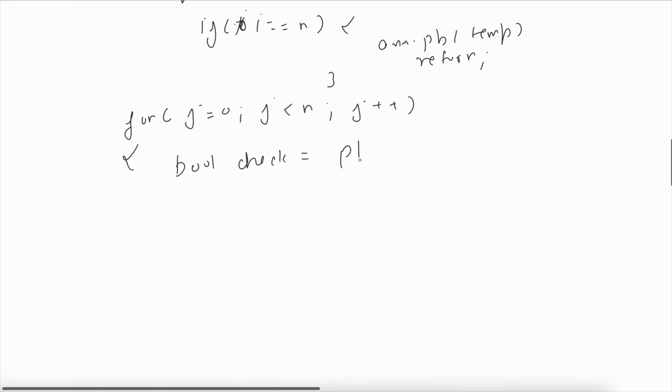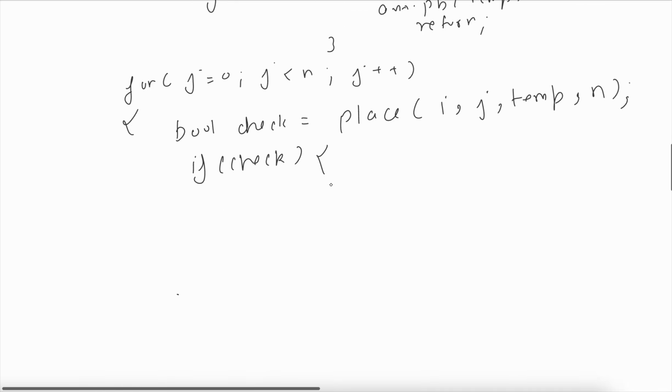I will check if I can place i comma j comma temp comma n. We will discuss this place function. I will call this function, and it will return true or false. If my check is true, it means I can place my q here.